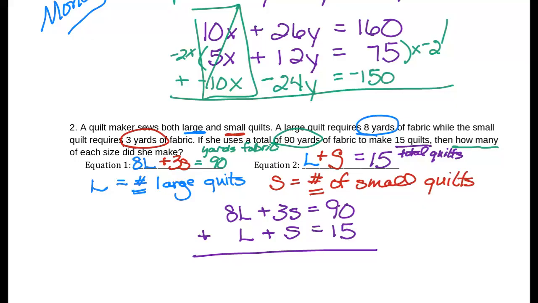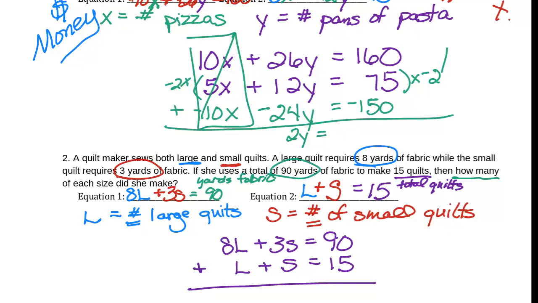What is that number? 2y, right? So 2y is equal to, what is 160 plus a -150? 10. And so divide by 2, y is equal to 5.